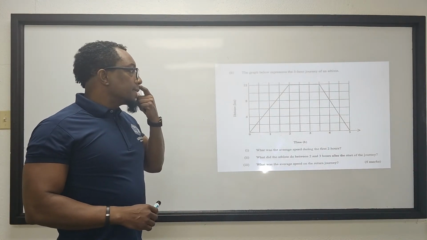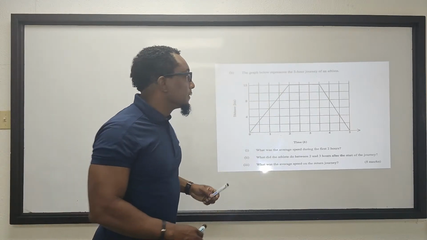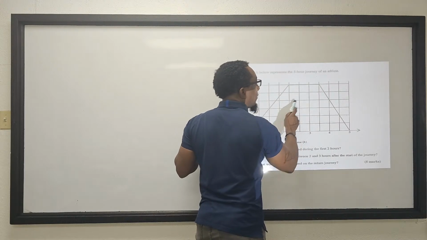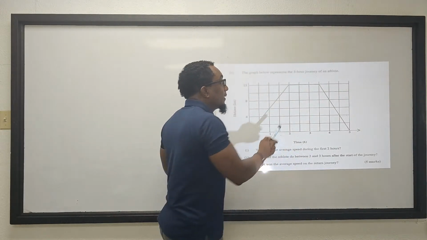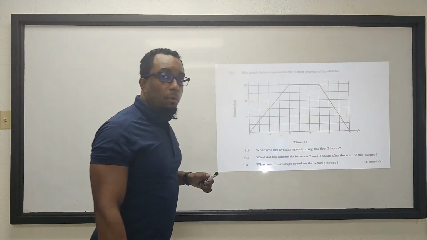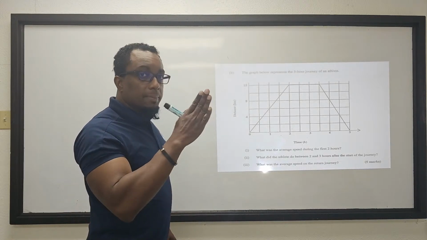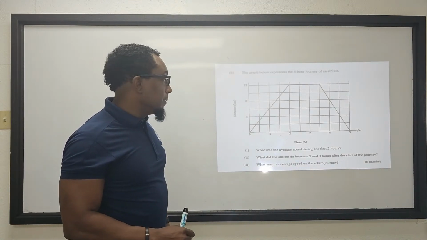With a distance time, we know that this movement here represents speed, this here represents rest, and this here, of course, represents speed towards something, forward movement. This is a rest, and this, of course, is your speed towards your original position, backward movement. Alright? Movement towards something, rest, and then you return to your original position.